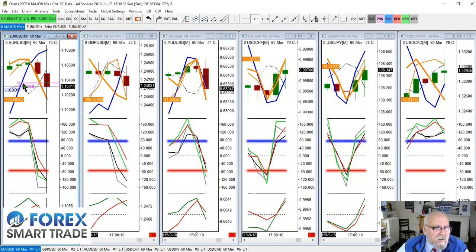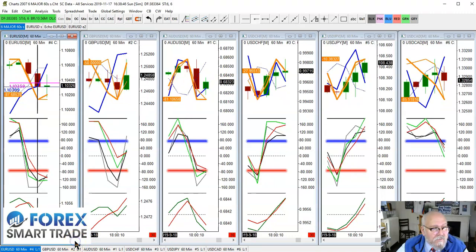Minus 100, but I don't have all the lines touching. Minus 11 is close, but I'm going to pass. So let's see if we can get this next guy, and we'll have gone 5 for 5. And we did. So the wick went through the line, so we're 5 for 5.